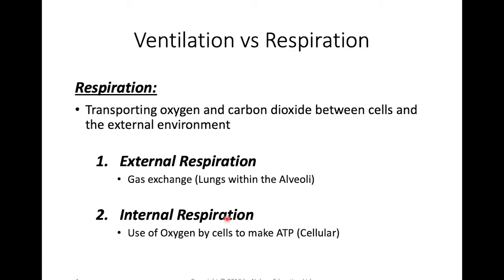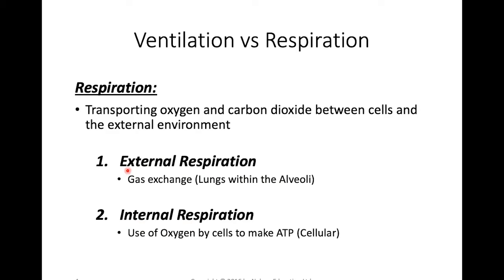We focused on this in biology last semester, where we looked at how our cells take up the oxygen that was delivered to them by our systemic arteries, and how the cells then utilize that oxygen to make ATP, to make the usable energy so that the cells can function. The process by which oxygen moves from our blood into the cells is known as internal respiration.